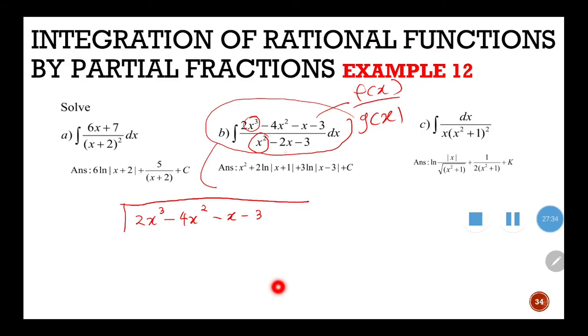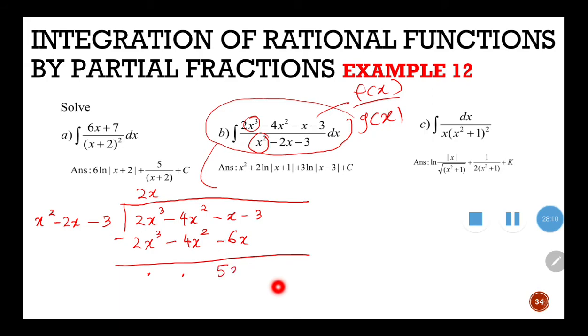You have to divide it by x squared minus 2x minus 3. So what do you think should be here? 2x, right? Don't forget the minus sign here. 2x cubed minus 4x squared minus 6x. This one we get 0, negative 4x plus 4x we get 0. Minus x plus 6x you will get 5x minus 3.